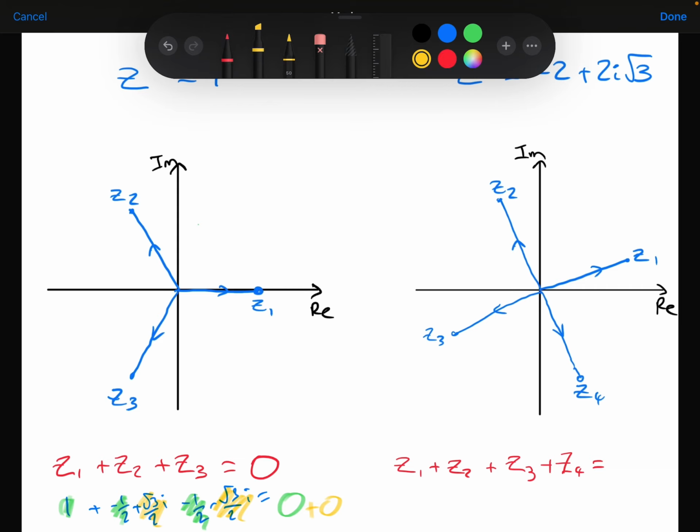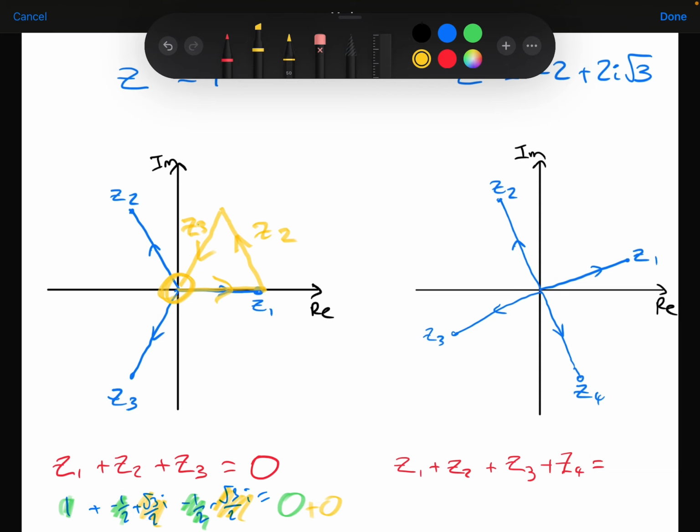You could think of each of these complex numbers as vectors. If I did vector z1 and then added vector z2 to that, and z2 looks like that, so if I add that to z1, I do that, and then if I add vector z3, notice I do get back to the origin. It equals 0.